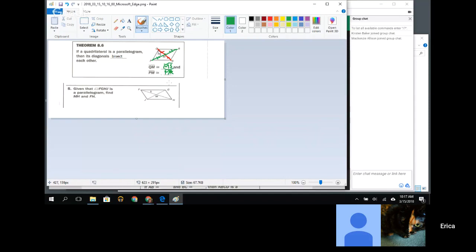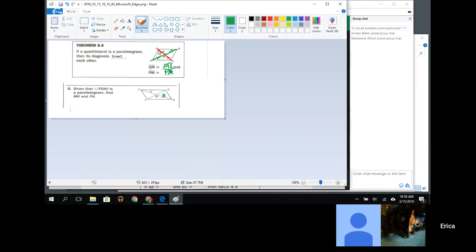So this is a pretty easy little theorem, and you can see the problem that goes along with it is pretty easy too. Given that FGHJ is a parallelogram, and they tell you that FM is 5, find MH and FH. Since this is a parallelogram, and these are the diagonals, then we know that this diagonal bisects each other. So if this is 5, that means that this has to be 5, right?